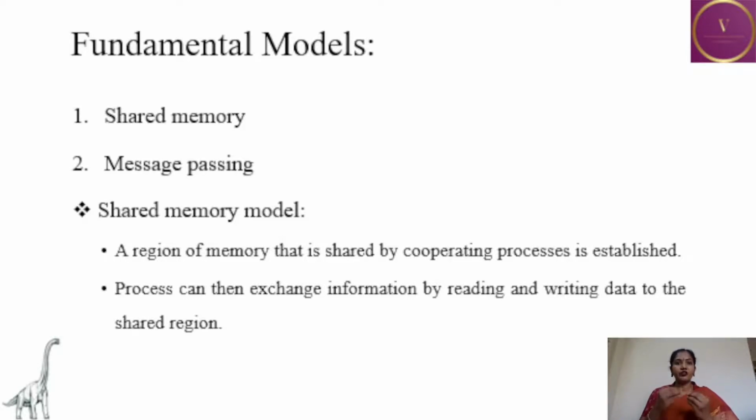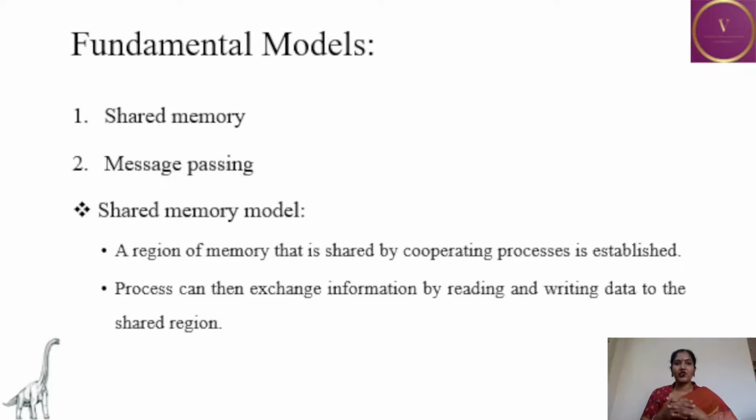In order to achieve that, we have to implement interprocess communication, so that processes can exchange data and information between them. For achieving this interprocess communication, we have two fundamental models. One is shared memory, and the other is the message passing model. Now let us see about these models in detail.